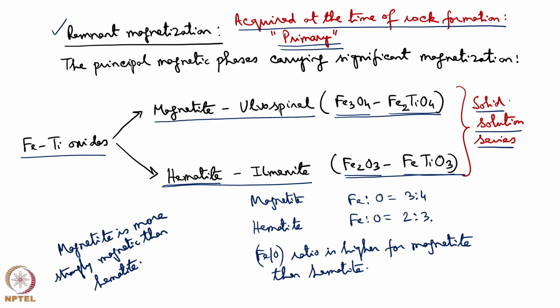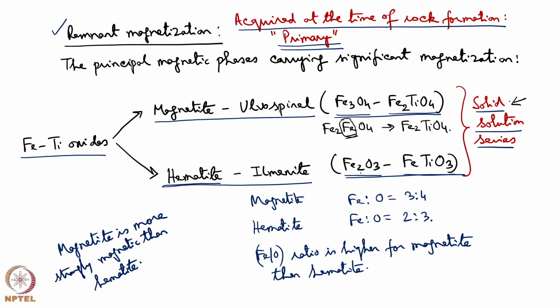Another point regarding the solid solution: Fe3O4 can be written as Fe2FeO4. Now, Ti can completely replace this Fe, leading to the formula Fe2TiO4. So here Ti has 100% replaced this Fe, but as I am saying, it is a solid solution, so Ti can partly replace this one place of Fe.